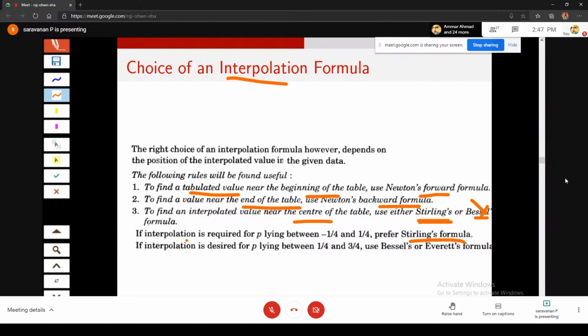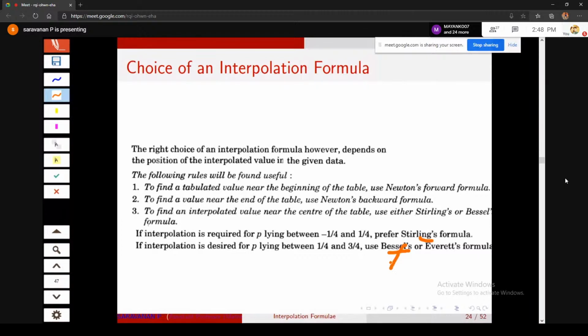If the interpolation is required for P, and P lies between minus 1 by 4 to plus 1 by 4, so nearby center, this side 0.25 and this side 0.25, then we prefer Stirling. Don't bother about the other central difference formulas because they are not in the syllabus. There is no Bessel's, there is no Everett's formula in the syllabus.